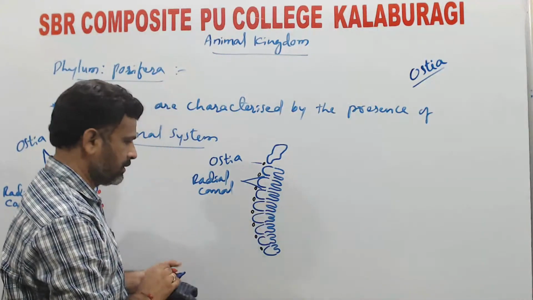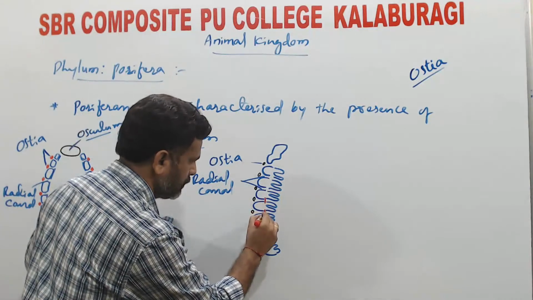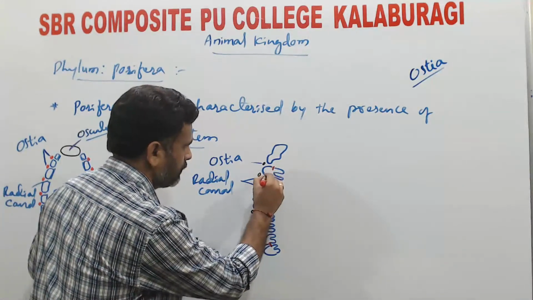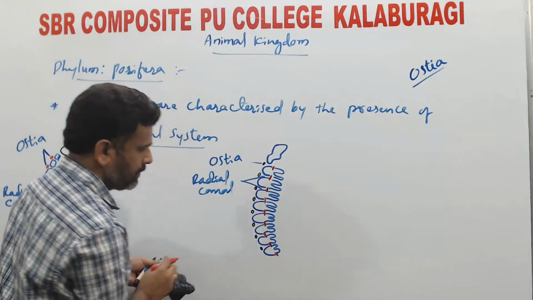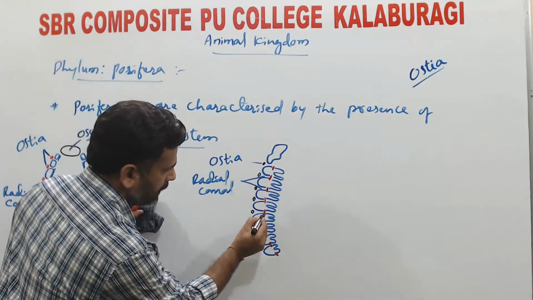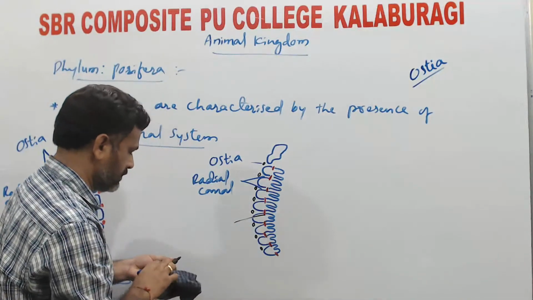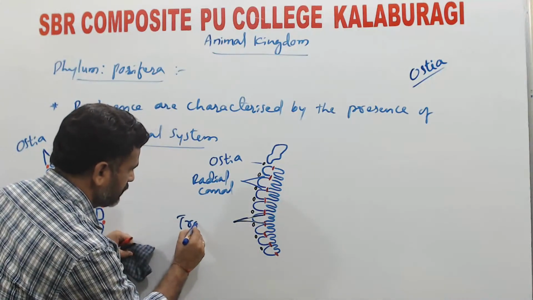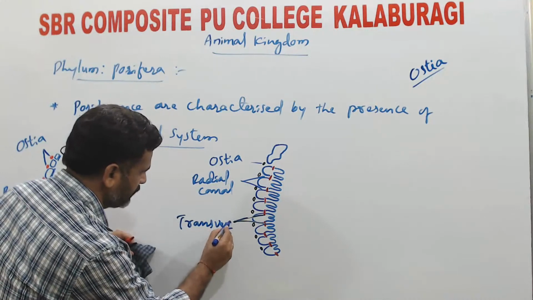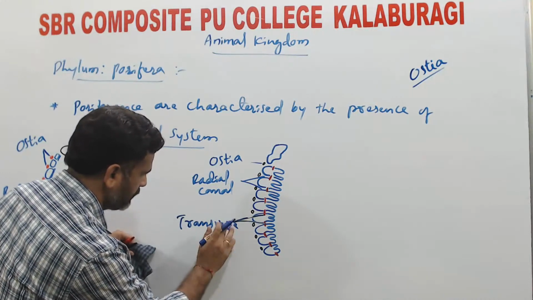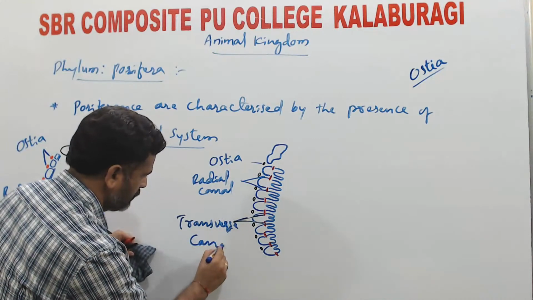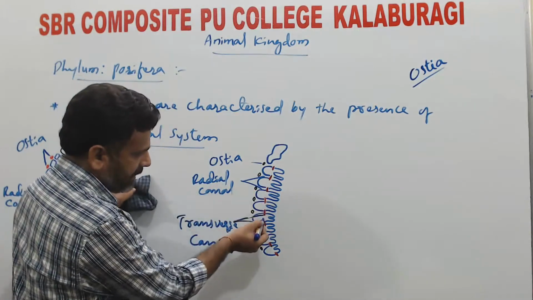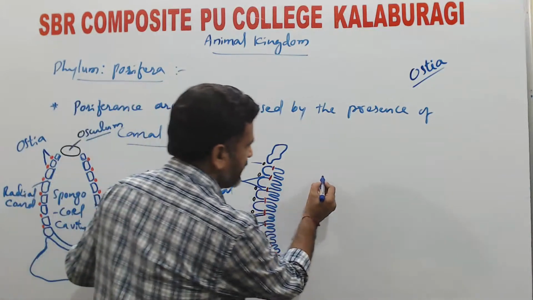These are the transverse canals. These are radial canals, and this red mark between them is like this.